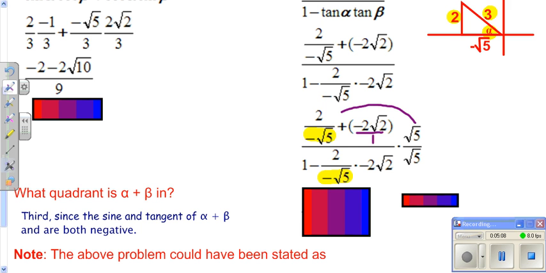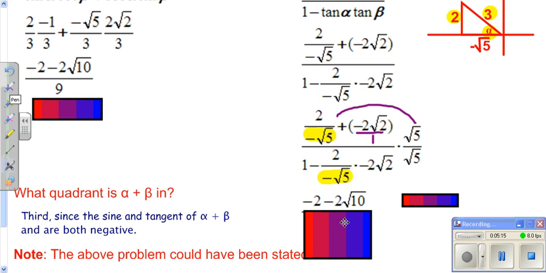Distribute this through: root 5 times 2 over root 5 would be just a negative 2. Root 5 times this here gives a negative 2 in front. Multiply your two roots together, you get root 10.